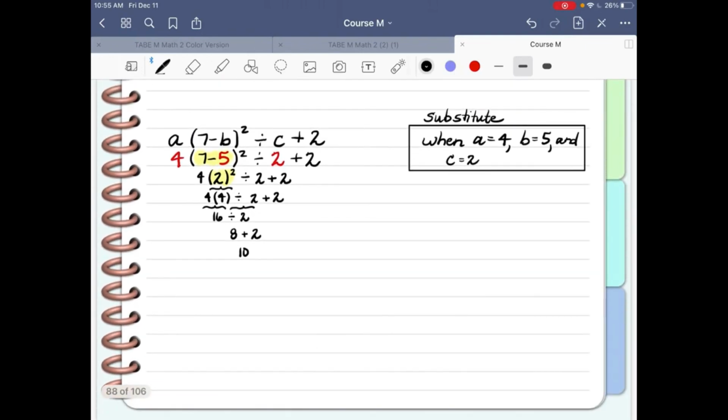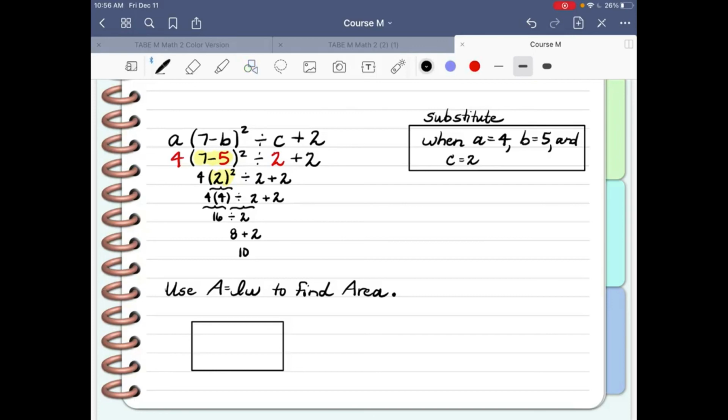And here is one more. This is a geometry question, and this one has a formula. I want us to use A equals LW to find the area. And this time I'm going to give you a rectangle with L length of 10 feet and W width of 7 feet.